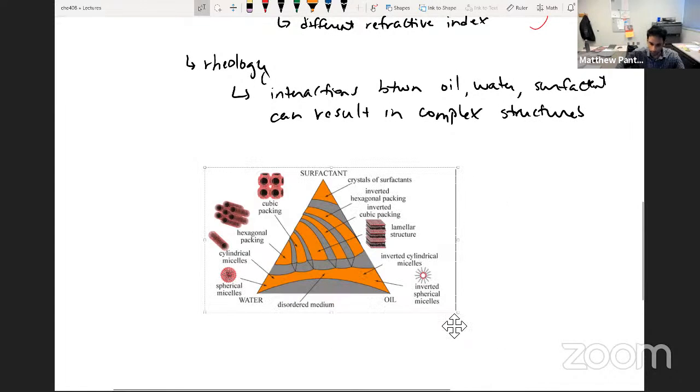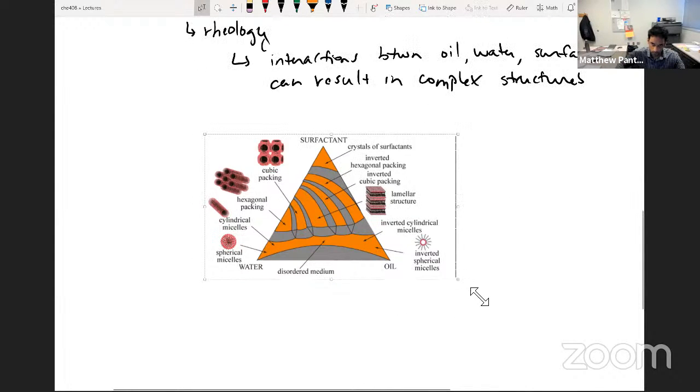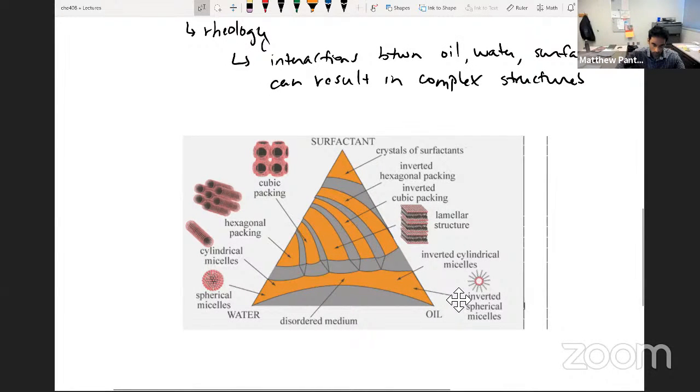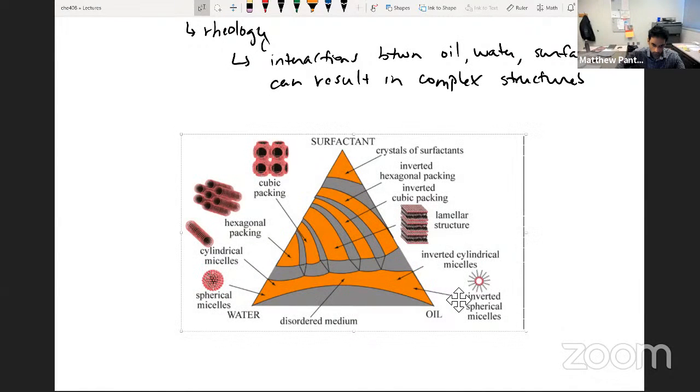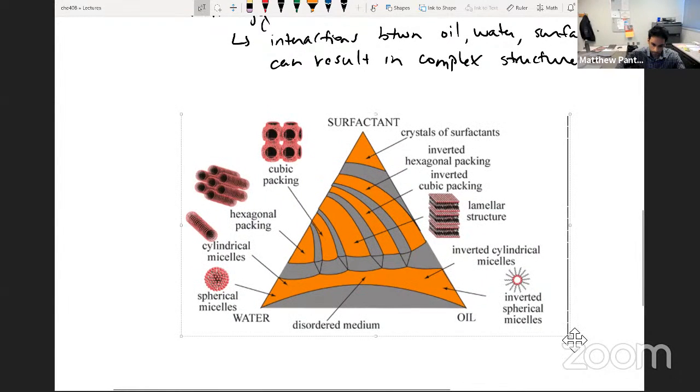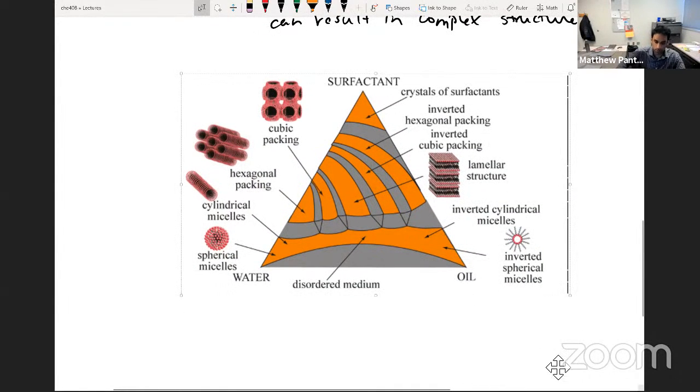This may look a little different than something you've seen, but I'll walk you through this. So like I said, you can have some very, very complicated structures.